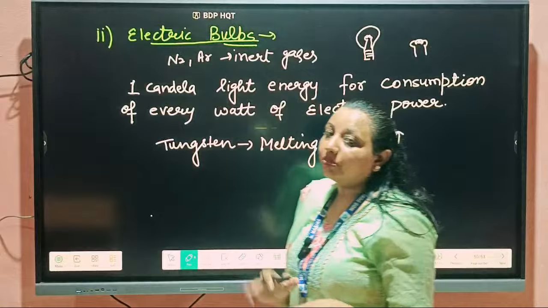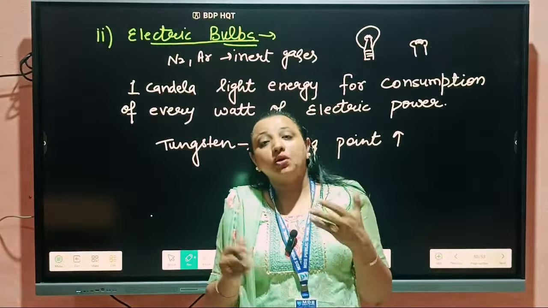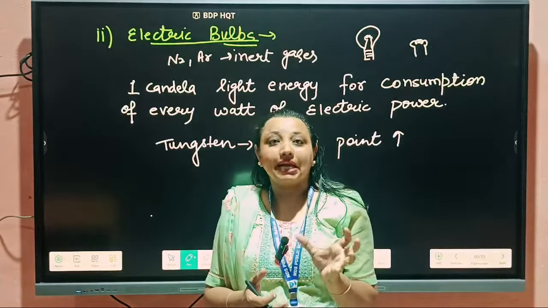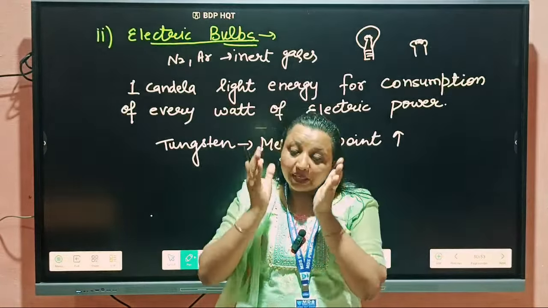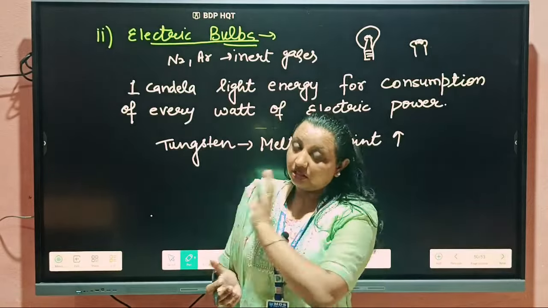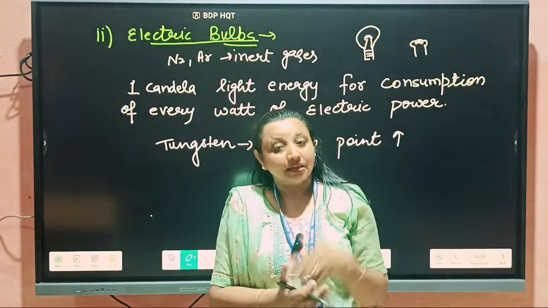Why do we keep the melting point high? Because the electric bulb converts the electric current into heat and light energy. It gets heated up, so to bear that heat energy, the melting point of the material used in a filament must be high.